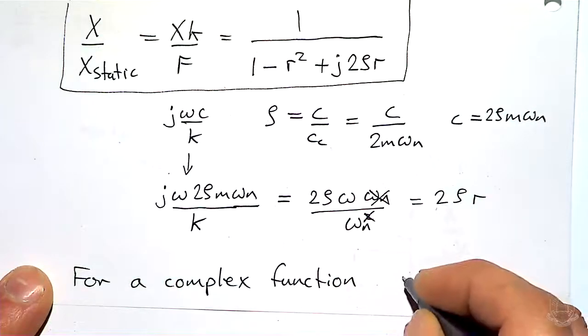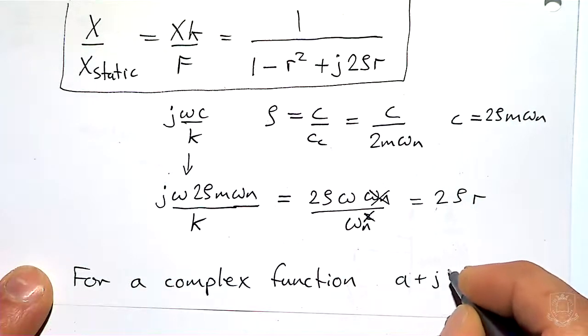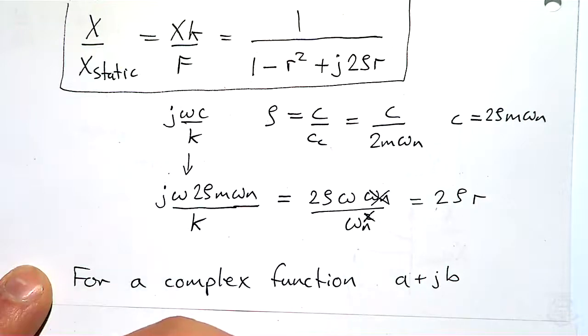because we've got a plus jb, the magnitude is the square root of a squared plus b squared, isn't it? And the phase is the arctan of b over a.